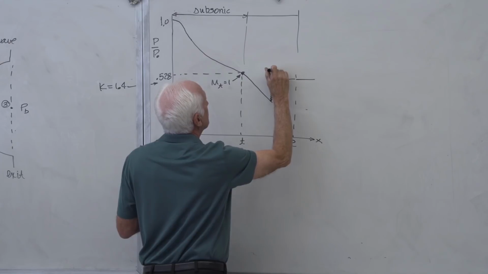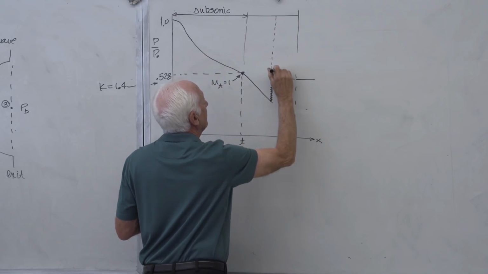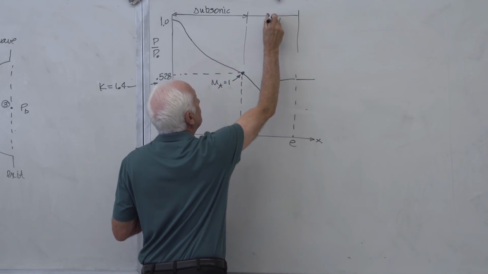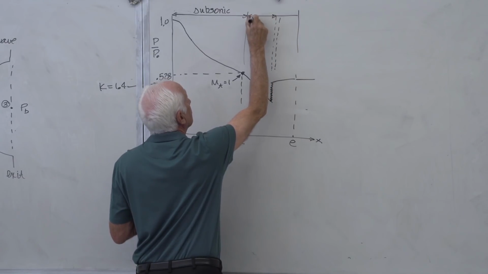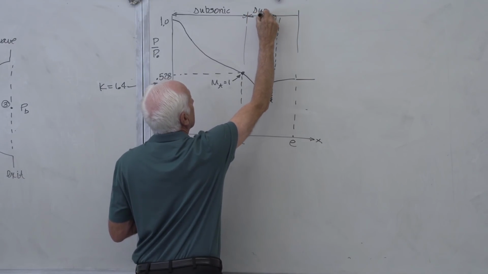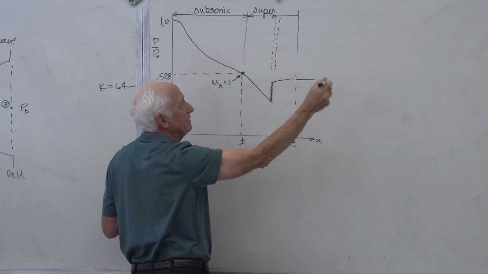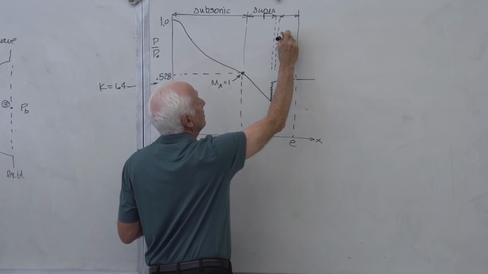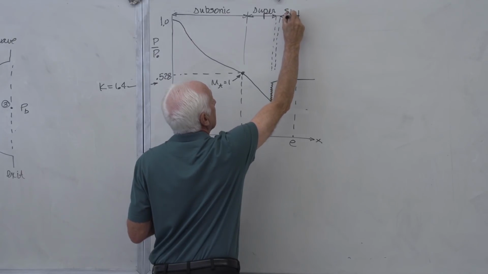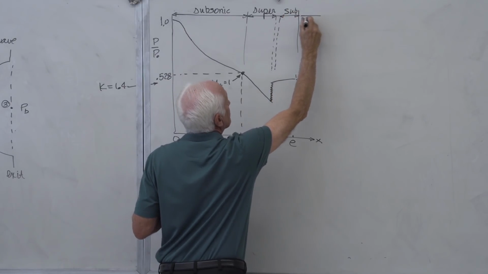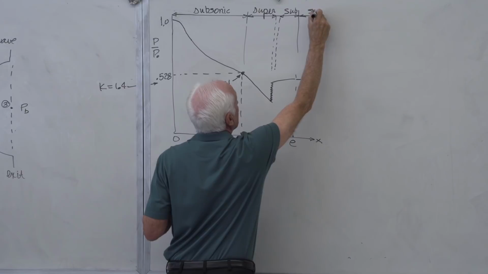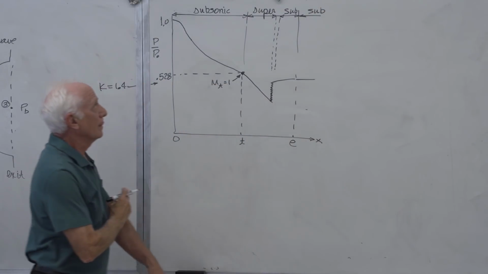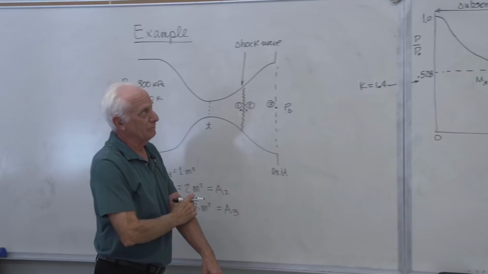From here to just in front of the shock wave, supersonic. Then the downstream side of the shock wave: we know across the shock wave, the flow goes from supersonic to subsonic. And outside here, of course, it's still subsonic. So there are our flow regimes.